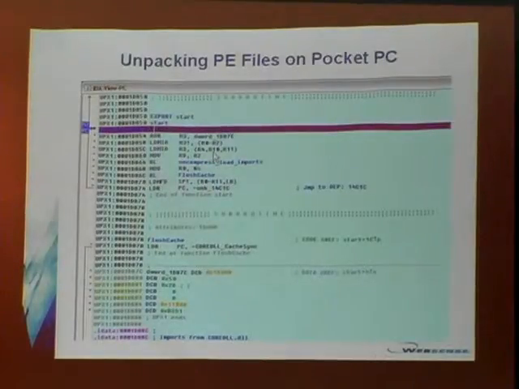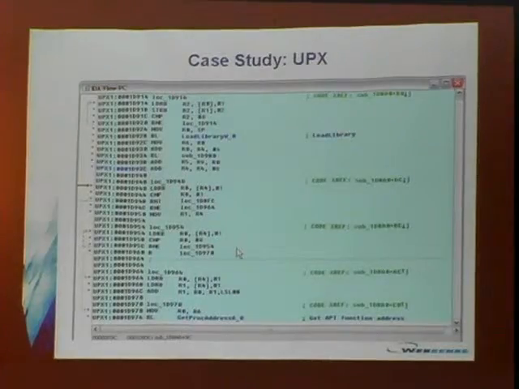And then you have another subfunction, it's just going to flush the instruction cache so it can call the uncompressed code.